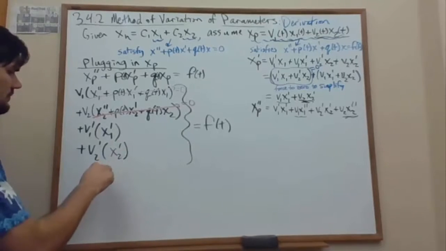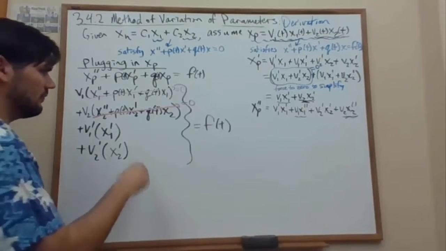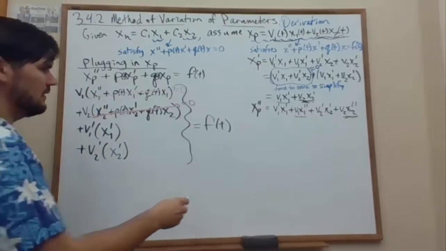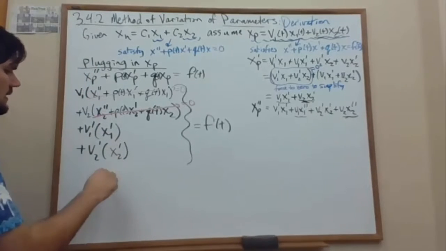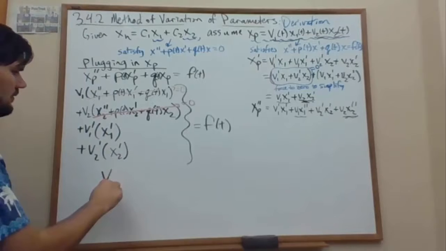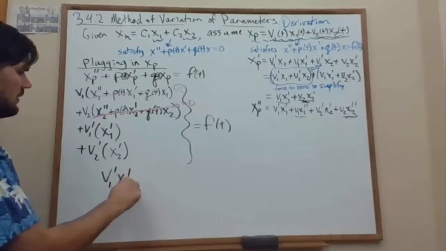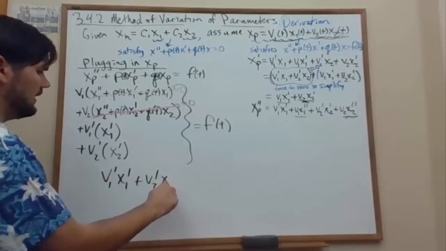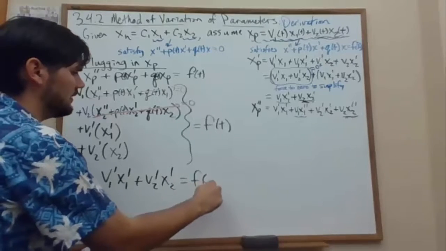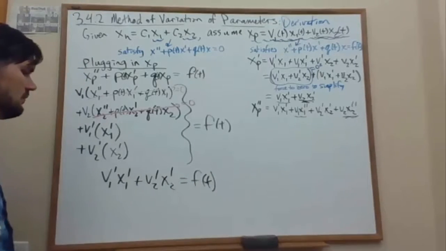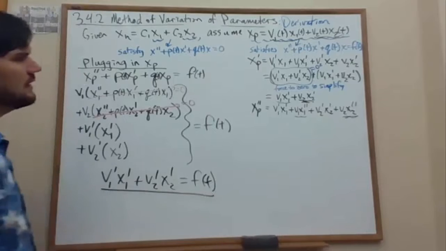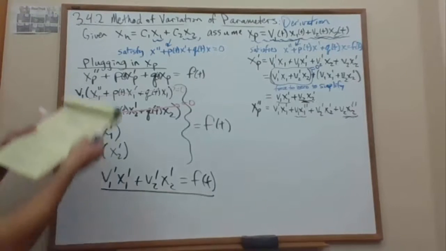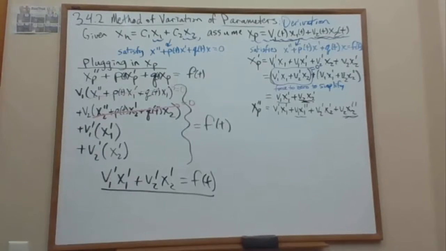So that gives us, let's see, v1 prime x1 prime plus v2 prime x2 prime equals f of t. So that is the remaining condition we have from plugging in our equation.